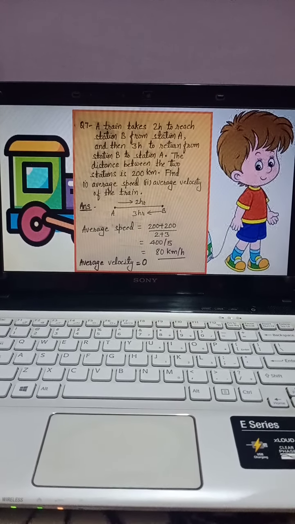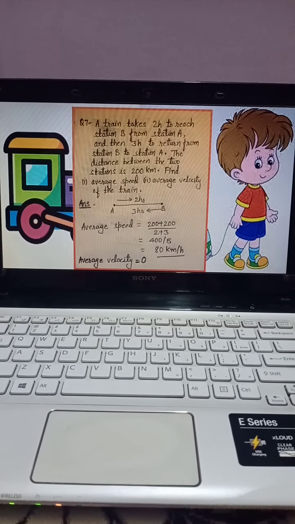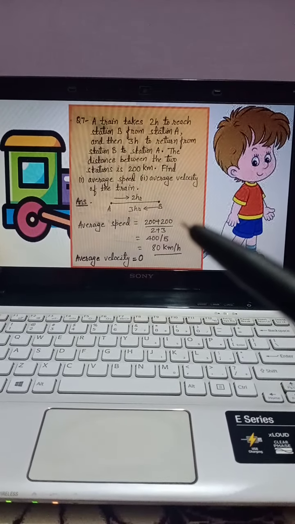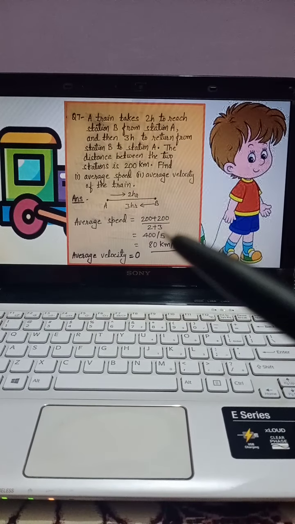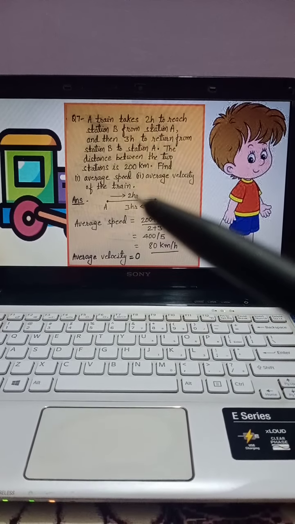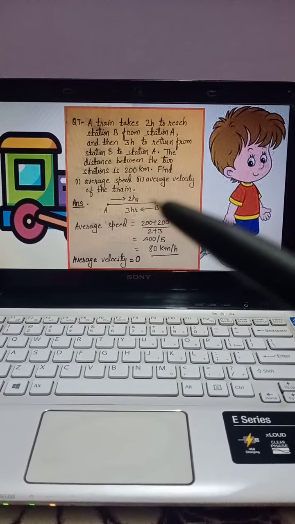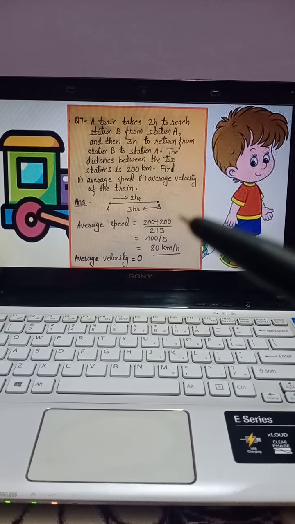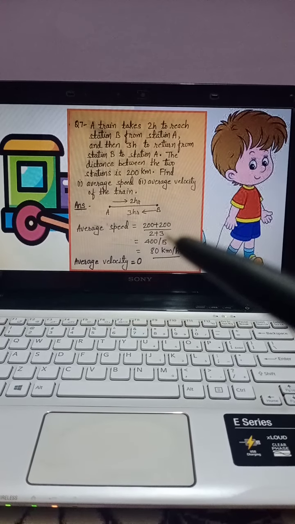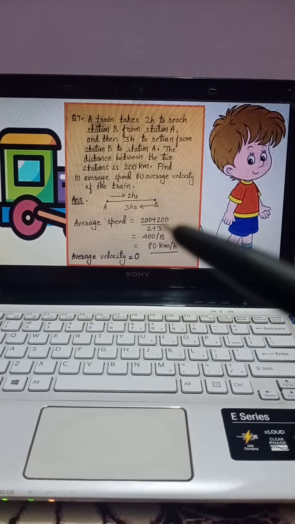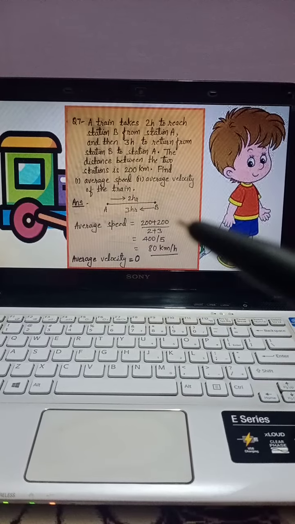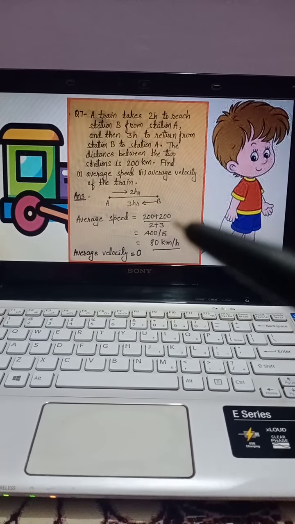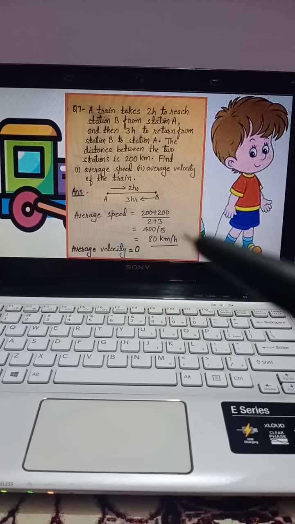So total distance traveled by the train will be 200 plus 200, that is 400 km, and total time, as given here, 2 hours while going and 3 hours while returning, so total time is 5. So average speed, total distance by time, is equal to 80 km per hour.